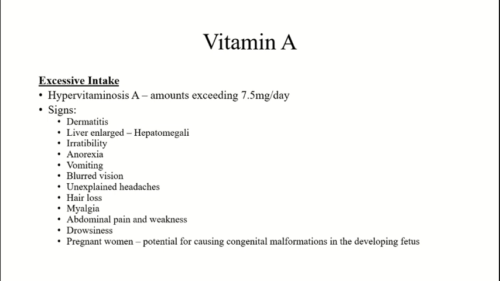Early signs of overconsumption may include dermatitis, enlarged liver, which typically leads to cirrhosis, severe headache and hyperirritability, vomiting, bone decalcification, and, especially for pregnant women, excess levels of vitamin A can potentially cause congenital malformations in the developing fetus.